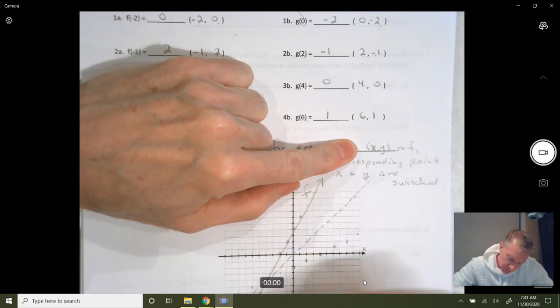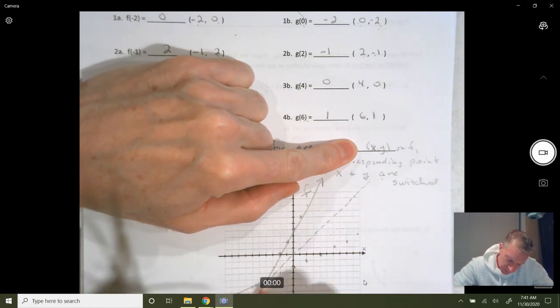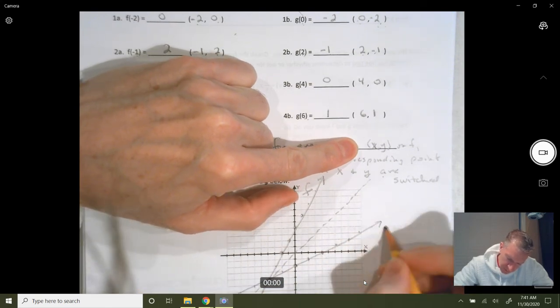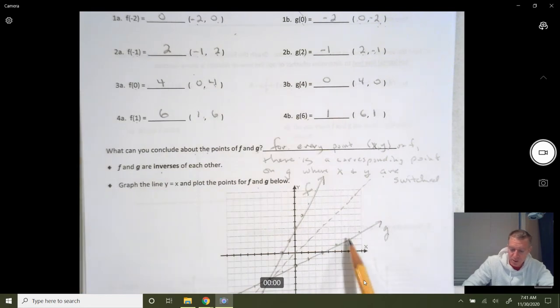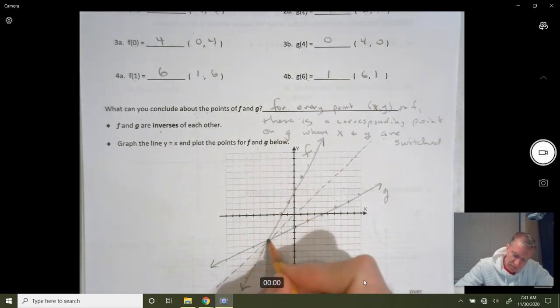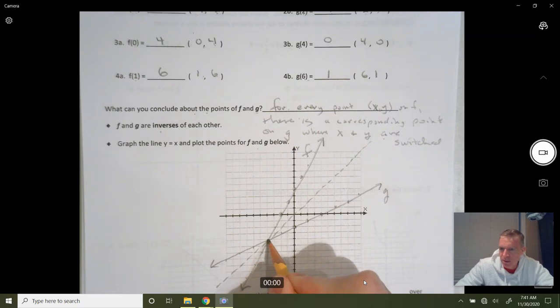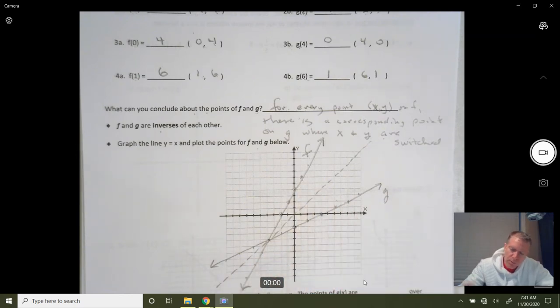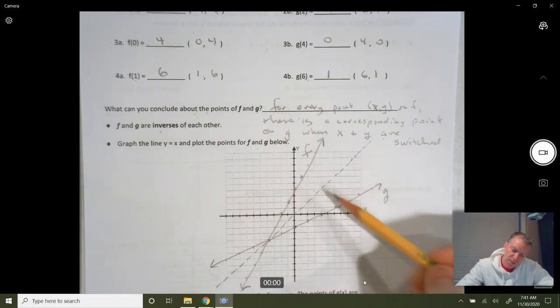So a couple things you'll notice. This is my g function. Okay, so if these two intersect, they will intersect on that line y equals x, which makes sense because if y equals x and you switch x and y, it's going to be the same point. Now what you'll also notice is that these are symmetric.